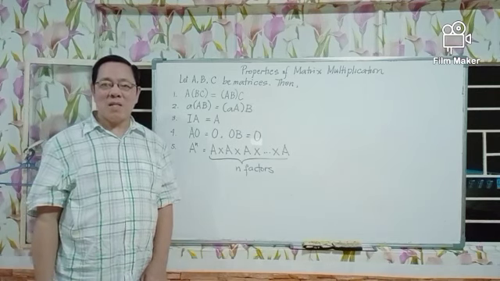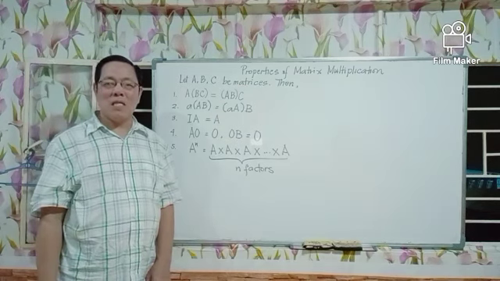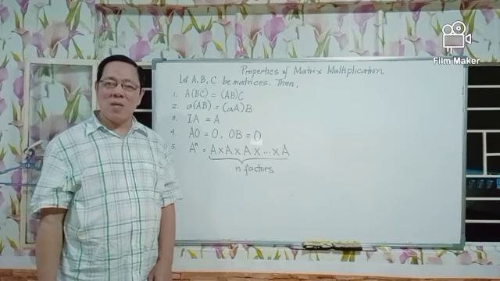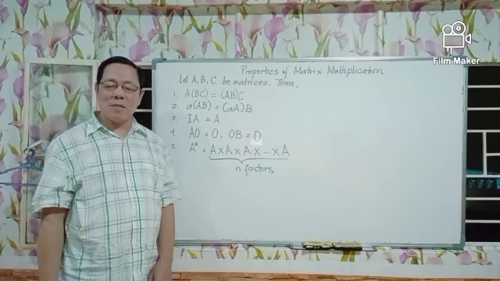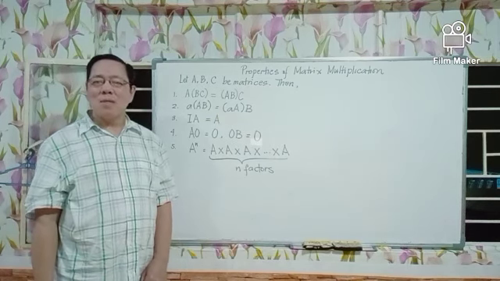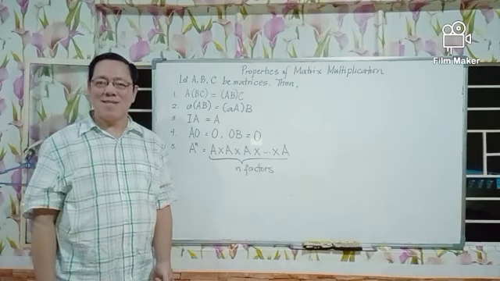Although both products AB and BA may be defined, they may not be equal in general. And we already said that for two matrices to be equal they have to have the same size, and the corresponding entries should be equal. We now define the transpose of a matrix A.